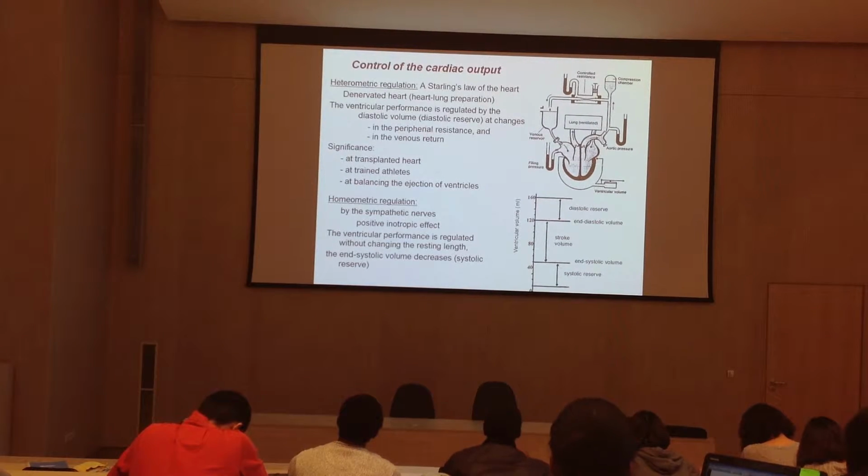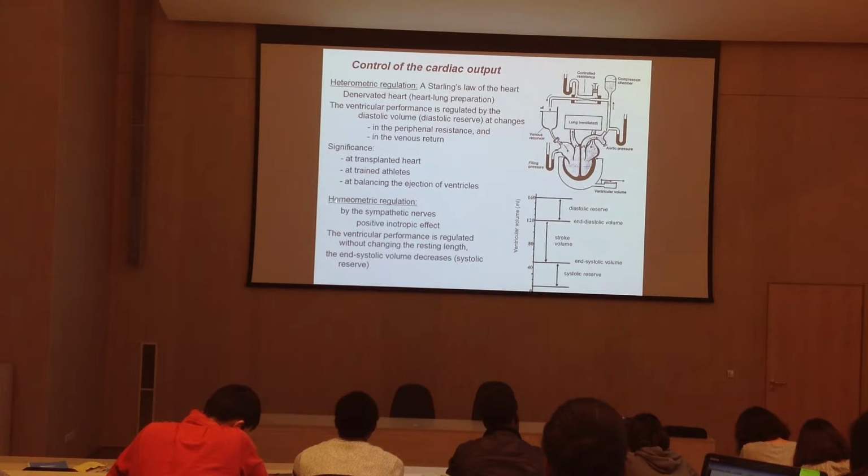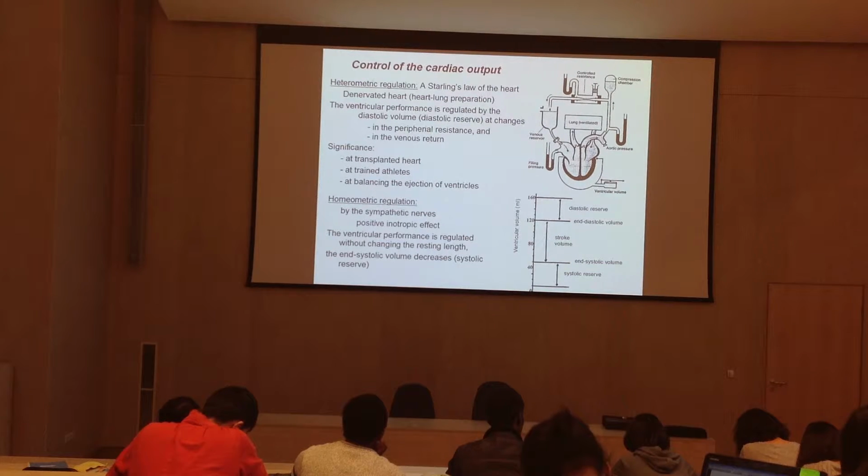The other possibility is when the regulation is without any change in the length. Therefore, it is homometric, where the length doesn't change, but the contractile force can be larger. What is it? The sympathetic stimulation, the positive inotropic effect.